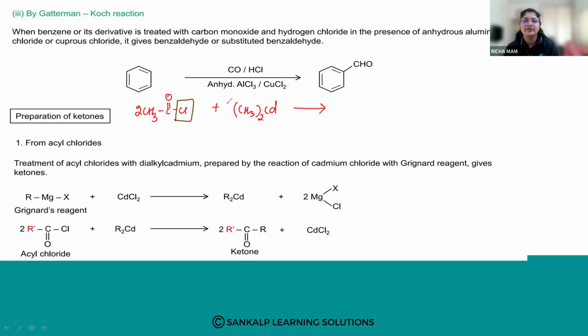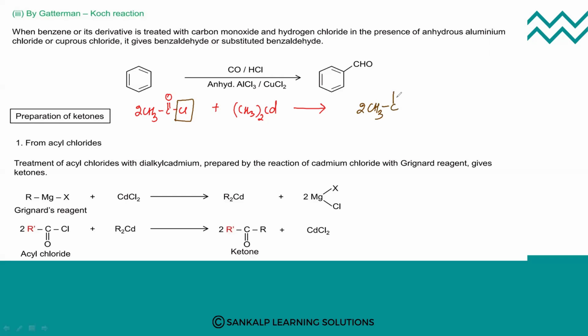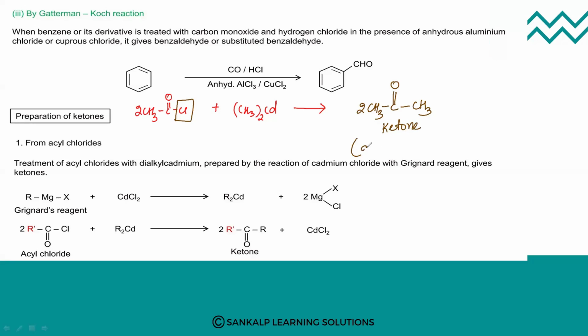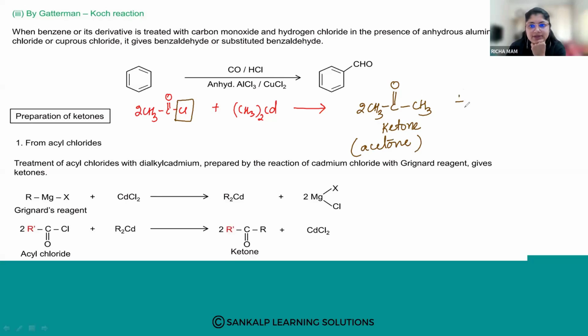Cl is a good leaving group. So what will happen? Cl will be replaced by CH3, giving CH3-C=O-CH3. So this is a ketone. What is the name? Acetone. Plus CdCl2.